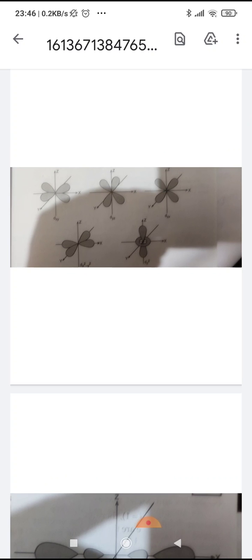Then the dz² orbital consists of 2 lobes along the z-axis with a ring of high electron density in the xy plane. The shapes of 3d orbitals are shown in the figure.